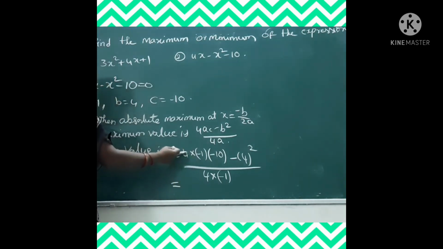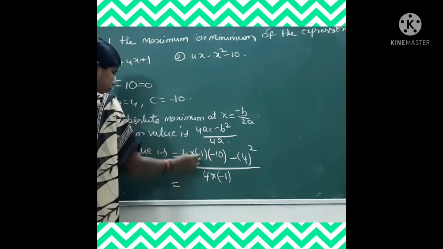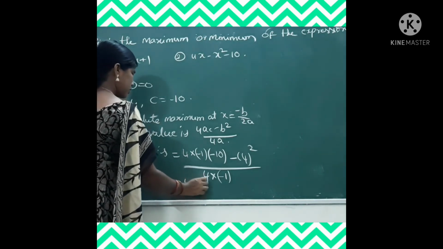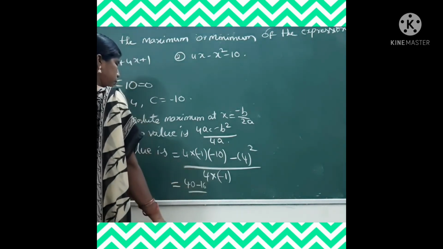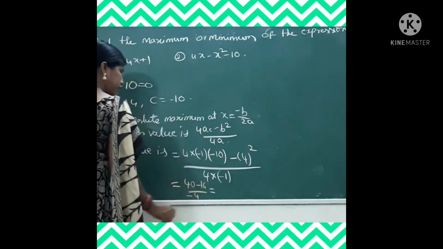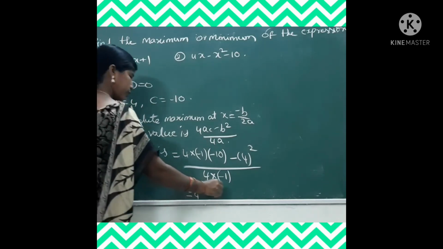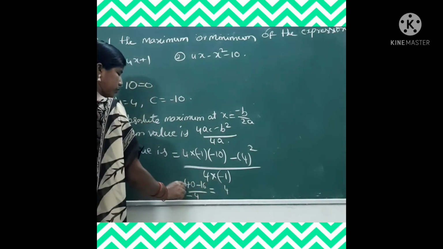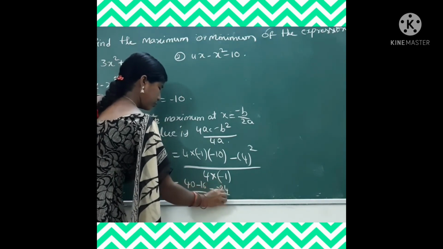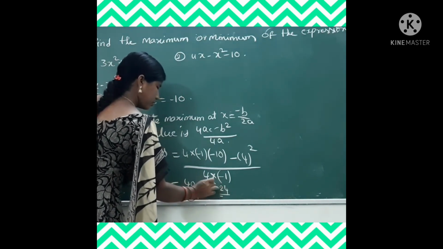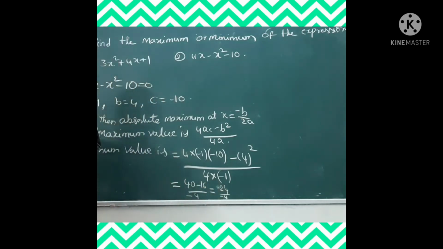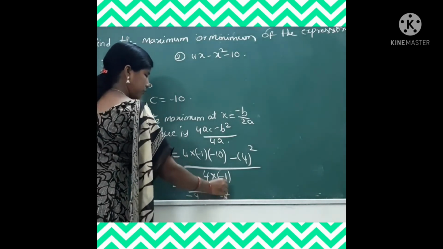Four into minus 1 into minus 2 is plus 8, and 4 tens are 40, minus 16 by 4 into minus 1, minus 4. We get 40 minus 16, that is 24, by minus 4. Okay, how much value do we get here?